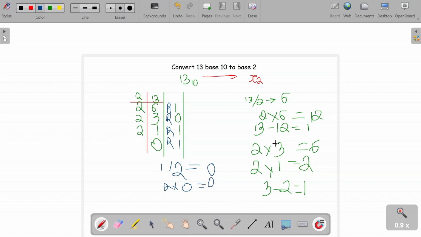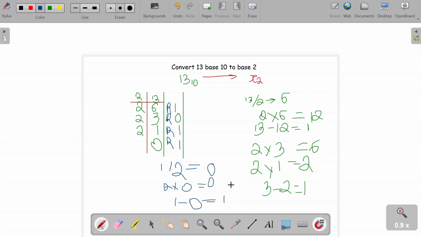So if you follow the pattern we did here, whenever I wanted to get the remainder, we simply say 1 minus 0 equals 1. So that's how we have this to be our remainder.